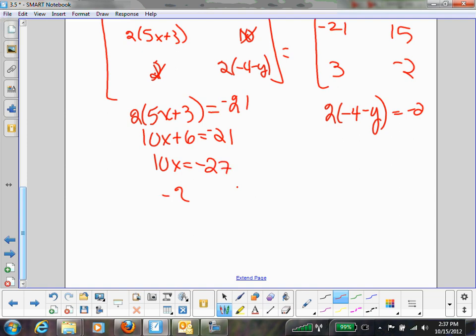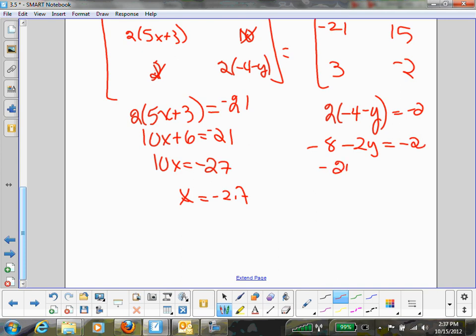And so negative x is going to equal negative 2.7. Are you okay with that? Because I'm going to divide by 10. And then y, I'm going to say negative 8 minus 2y is equal to negative 2. Negative 2y is equal to what? So y is equal to negative 3.